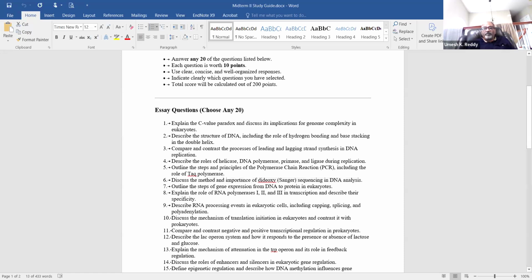What is the difference? It is the dideoxynucleotides, ddNTPs. What are ddNTPs? In ddNTPs, the 3' hydroxyl end is also deoxidized. What is the difference between ribose and deoxyribose?